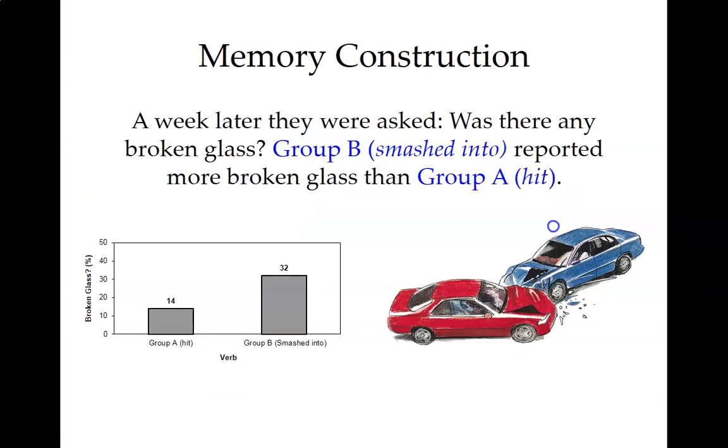Now you would expect some broken glass on the ground if there was a head-on collision. Okay, and indeed, Group A did report seeing broken glass. But the smash group, how fast were the cars going when they smashed into each other, and how much glass do you remember seeing? They reported seeing more glass everywhere than the hit group. All because of the terminology, all because of the way that the statement was phrased.